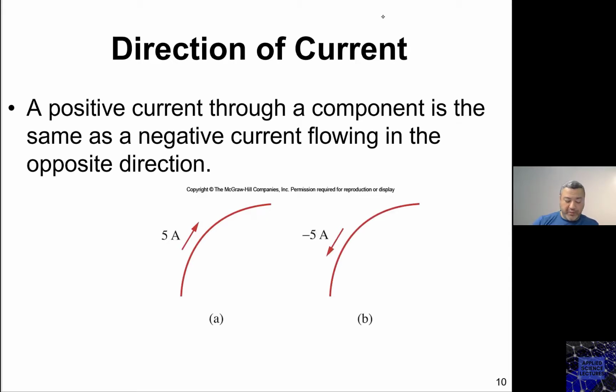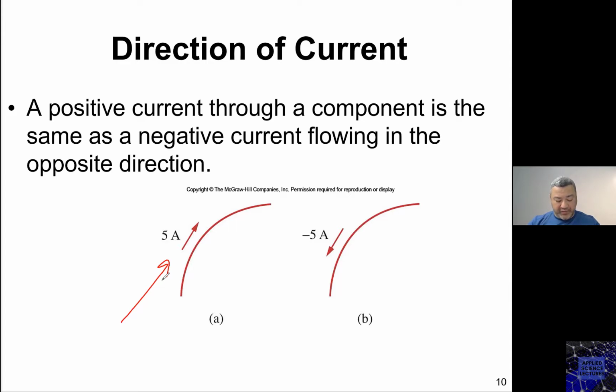Okay, so if we say that the current, my positive current, is going in this direction here. This is my positive current. That is 5 ampere. In this circuit, we're dealing with bidirections. So either the current is going in this direction or going in the opposite direction. We have no other choices.